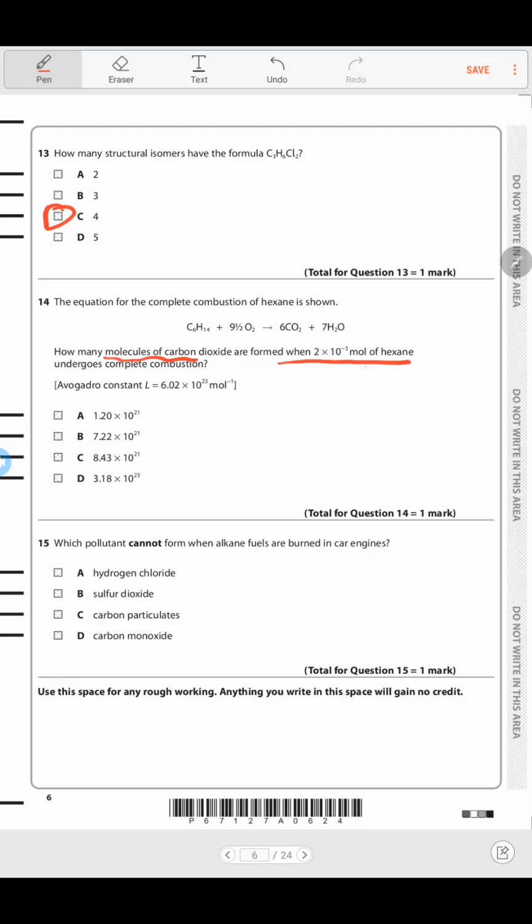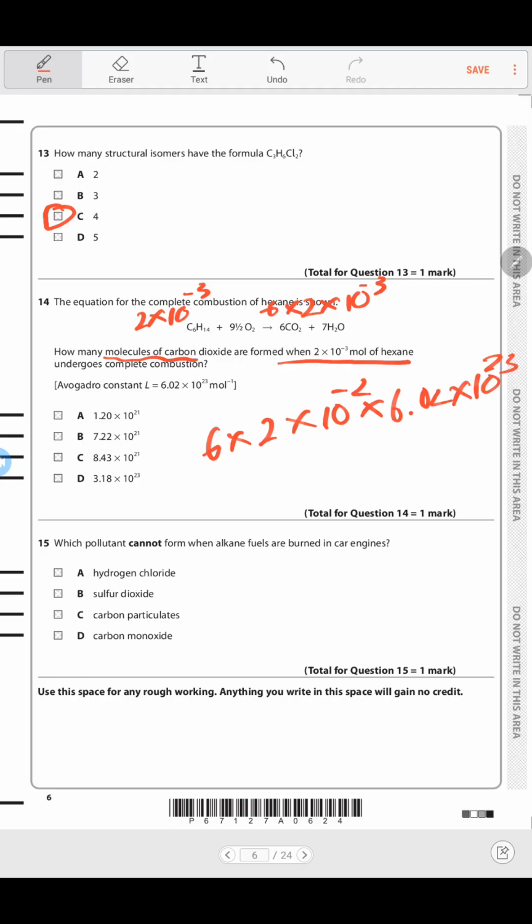If you have this amount of hexane, 2 times 10 to the power minus 3, according to the molar ratio of 1:6, you will get 6 times 2 times 10 to the power minus 3 of carbon dioxide. So I found the moles of carbon dioxide. They ask us to calculate the molecules of carbon dioxide, so you multiply your number of moles by the Avogadro number. Then you will get the answer.